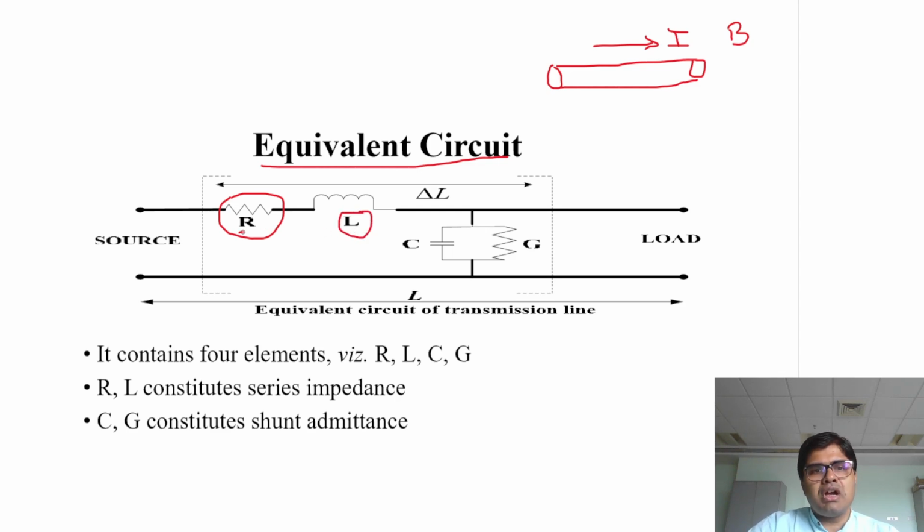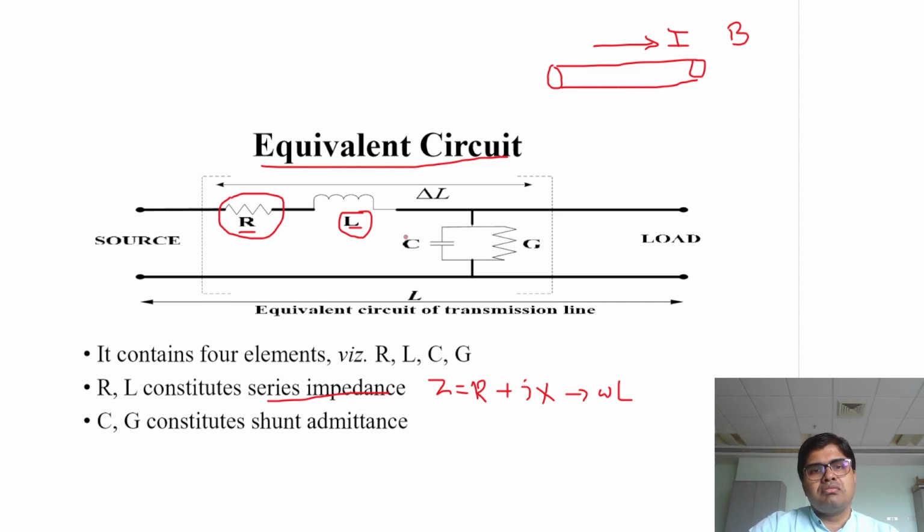So these two, R and L, will form a series impedance, which is Z equal to R plus jX, where R is the resistance of the conductor and X is the reactance of the conductor, which is equal to omega L.